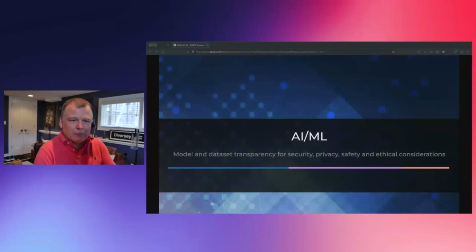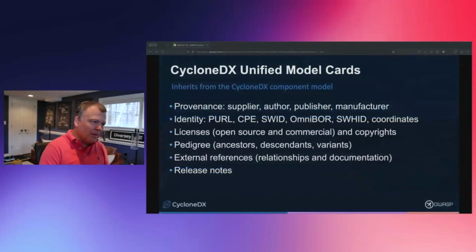Obviously, if software is eating the world, AI is eating software. The CycloneDX specification does support AI/ML today, and it's built right in. And the beauty of the CycloneDX specification is really its flexibility. It's prescriptive.